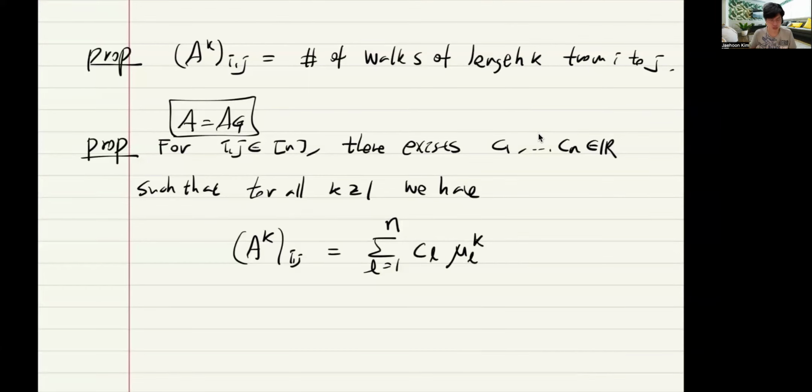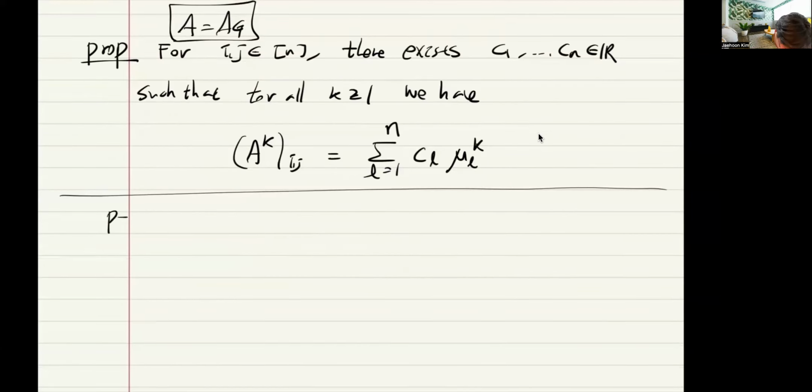Then you obtain the number of walks from i to j which have length k.